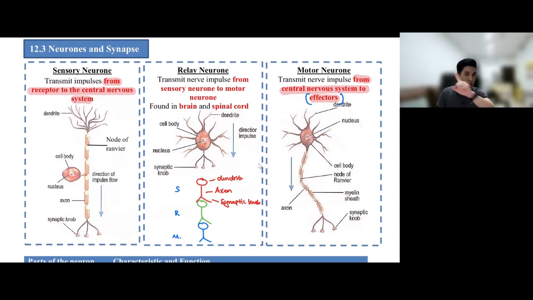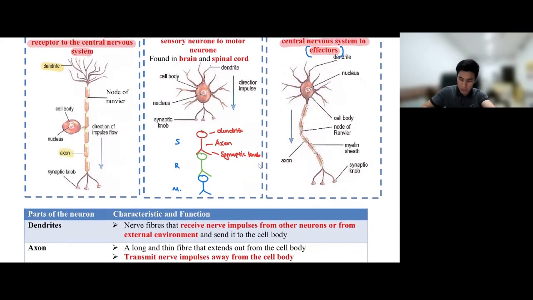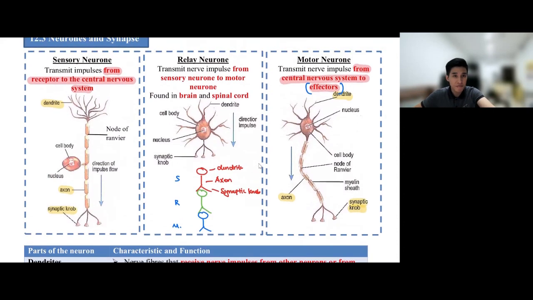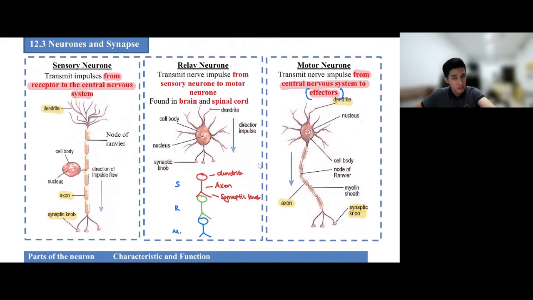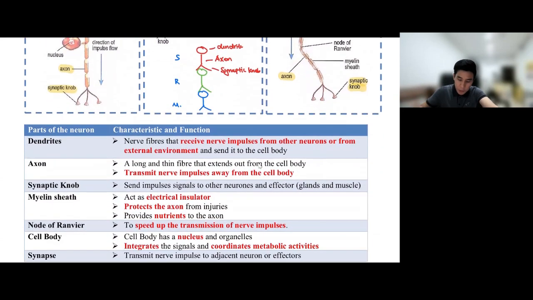Now, if you look at these two neurons, both of them have head, body, butt. That's the three things. Now I want you to look at the definitions here.